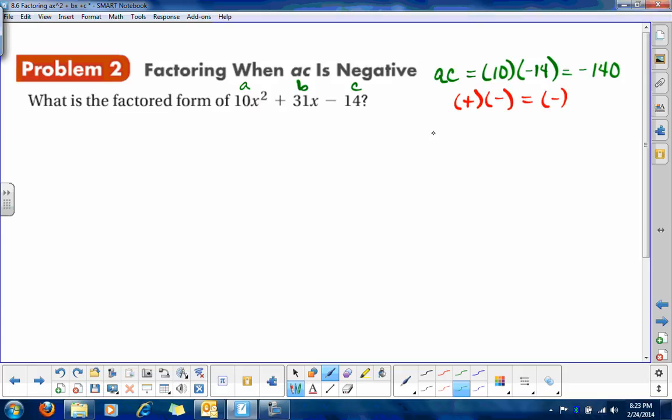Here we've got 1 times 140, or let's make the first one negative.